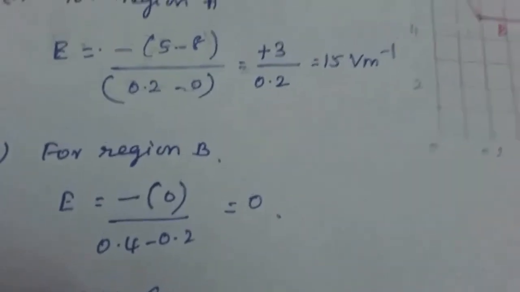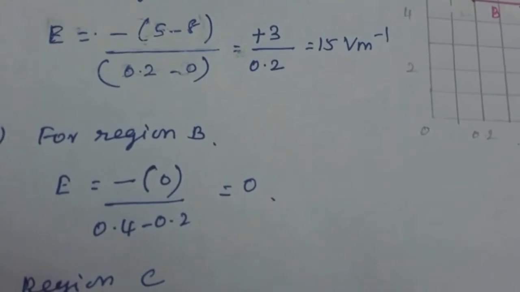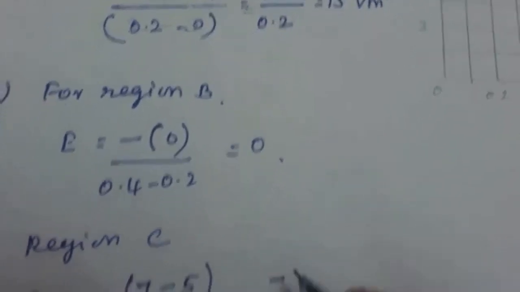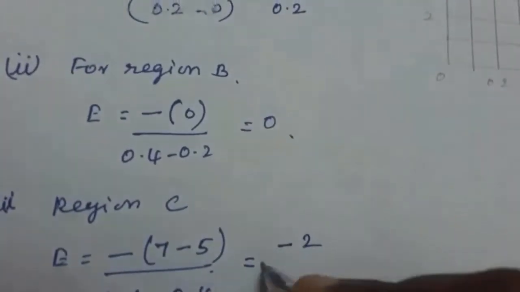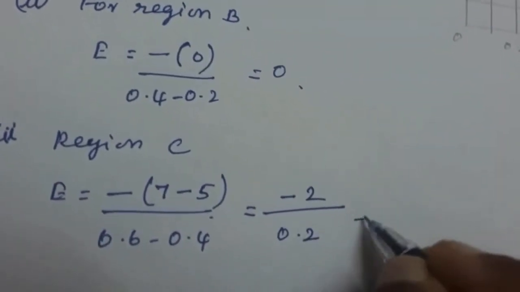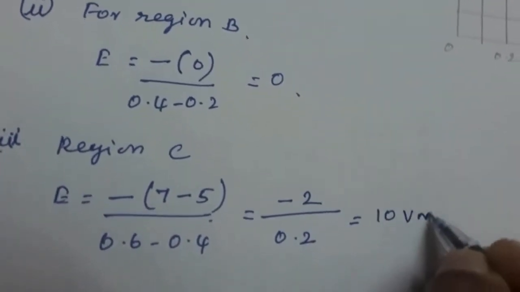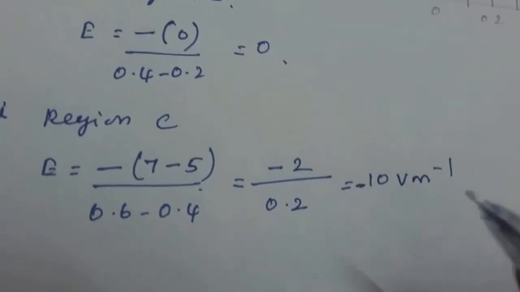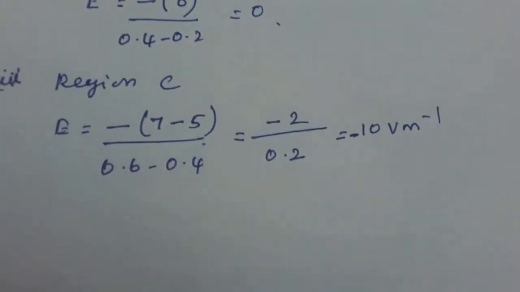Minus of 7 minus 5 is 2, so minus 2 divided by 0.2. So what will you get? Minus 10 volt per meter.